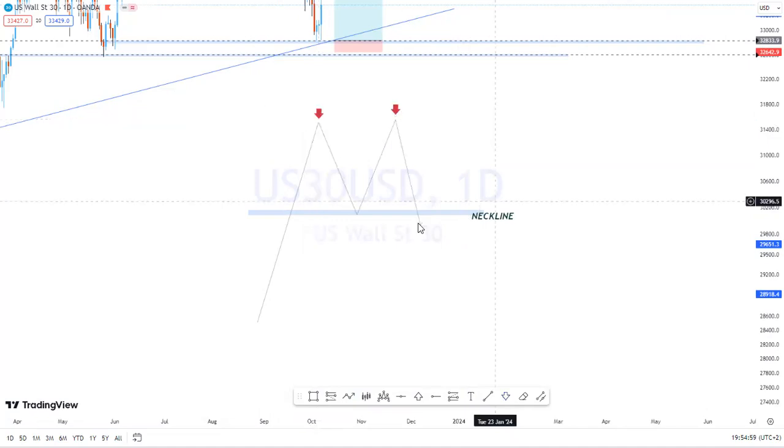And as you continue to push down, the market is going to break this neckline. And once it breaks it, it's going to continue pushing further below.